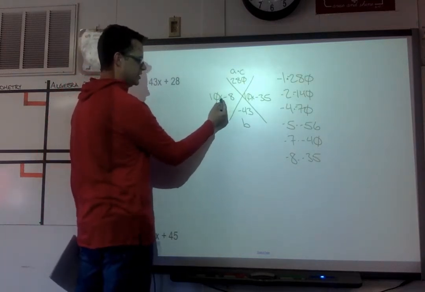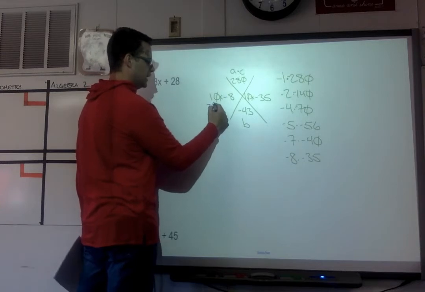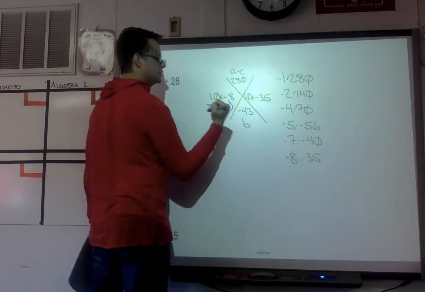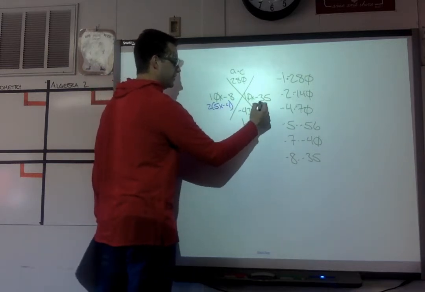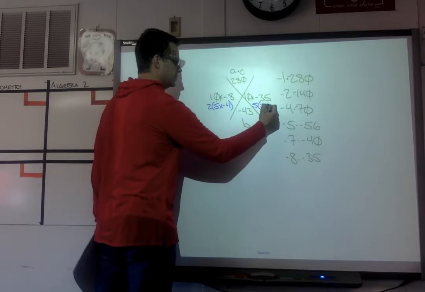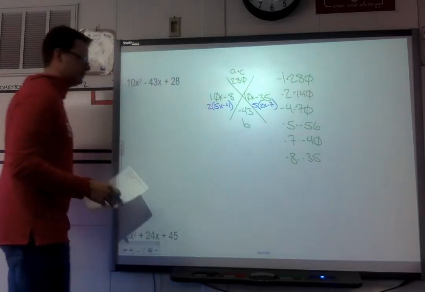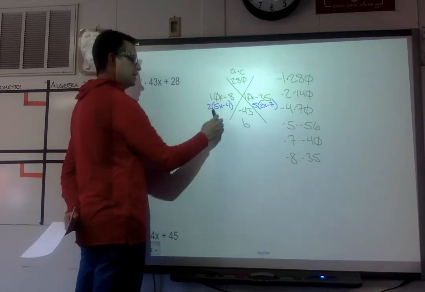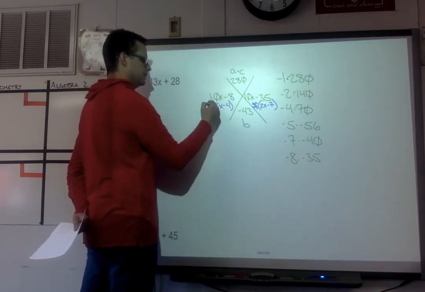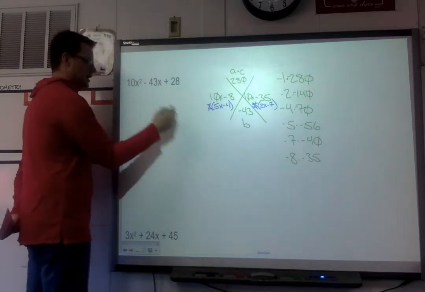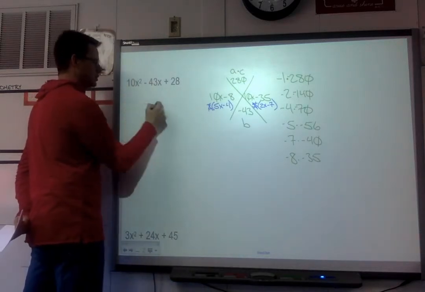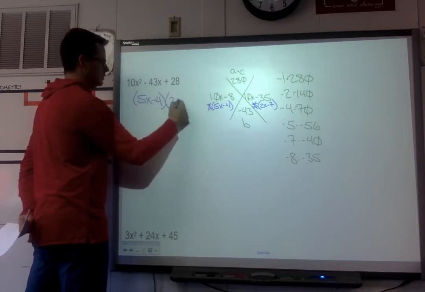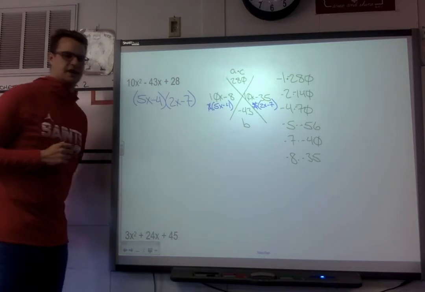Here, 10x minus 8, I could take a 2 out, which leaves me with 5x minus 4. 10x minus 35, I can take a 5 out, which leaves me with 2x minus 7. Then again, whatever you factor out here, if they are different numbers, you can get rid of them. And we end up with our factored form of 5x minus 4 times 2x minus 7.